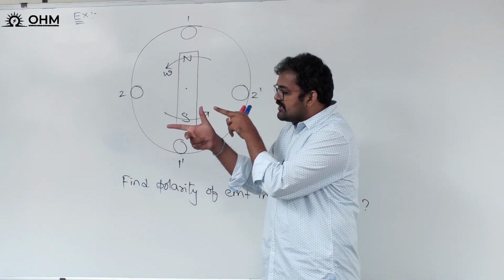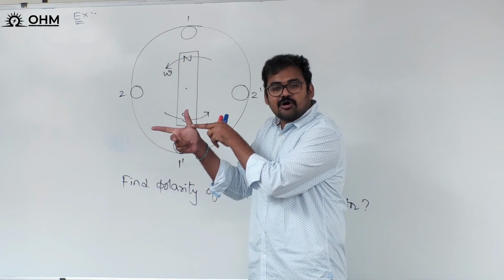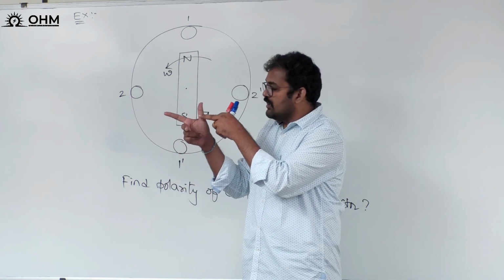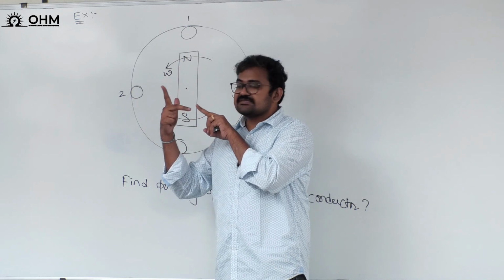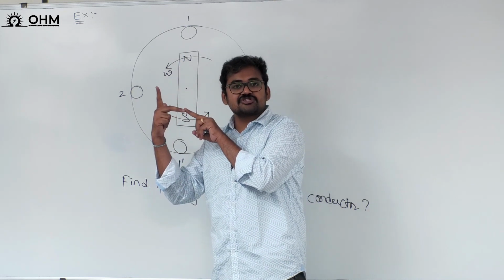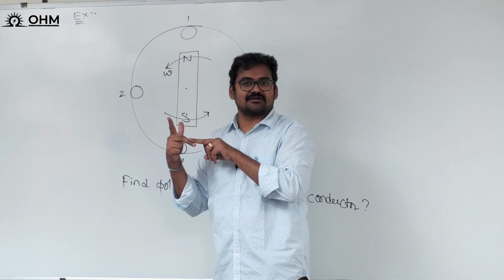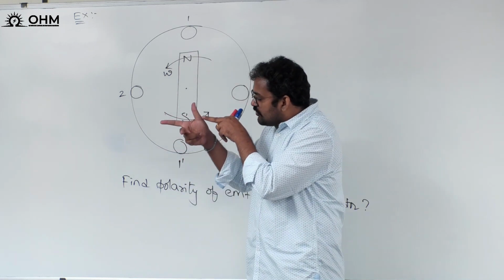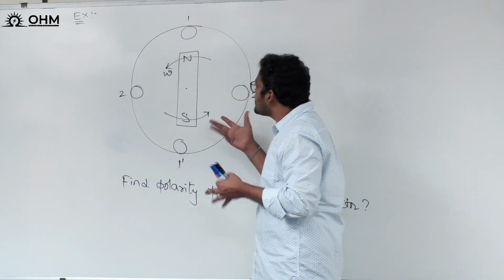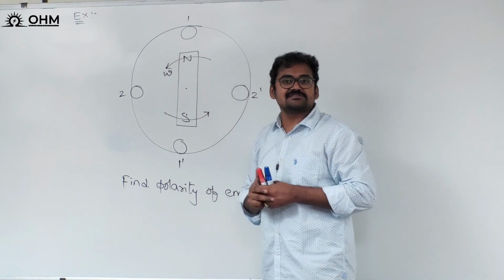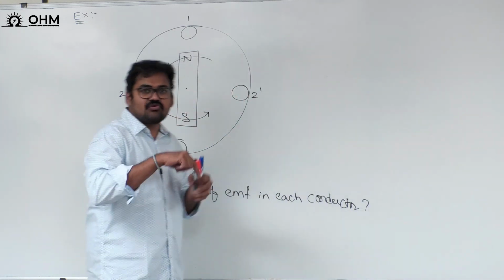What does the thumb indicate? Thumb indicates the direction of conductor movement. Point finger will indicate direction of magnetic field. Central finger will indicate the direction of induced EMF in the conductor. Now, as I told you, thumb indicates the direction of conductor movement, but here the conductors are not moving. Then how to utilize Fleming's right hand rule? Yes, that is what I said.